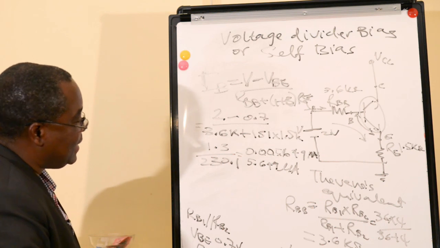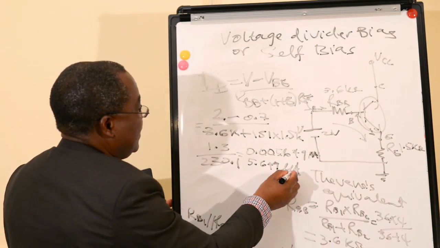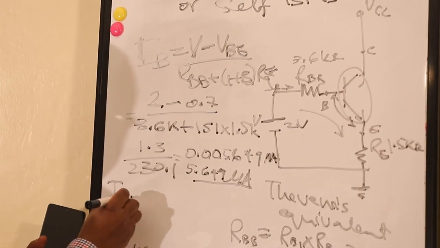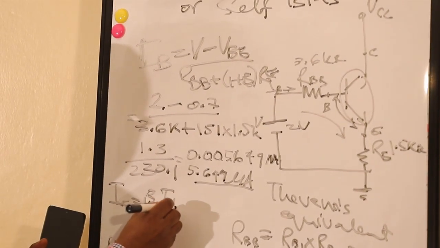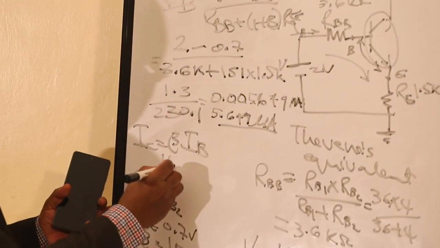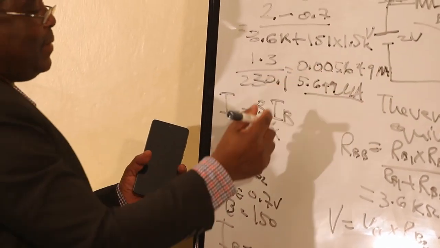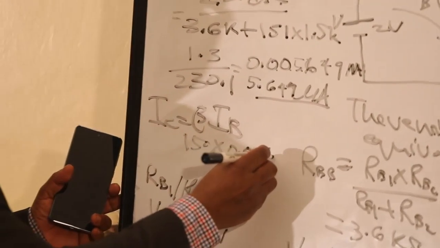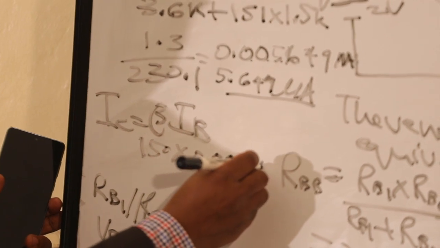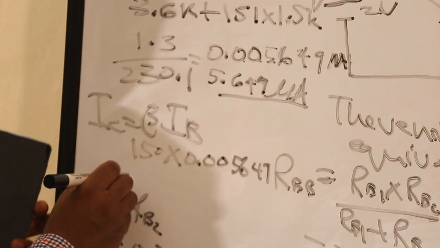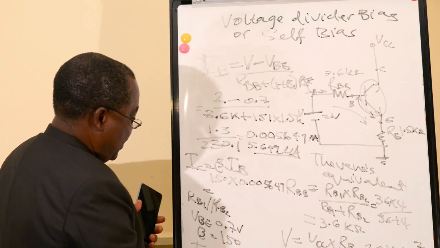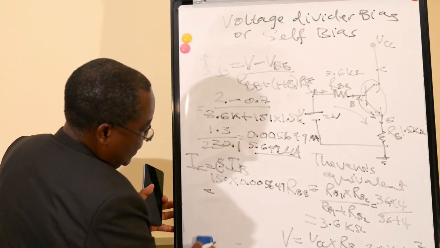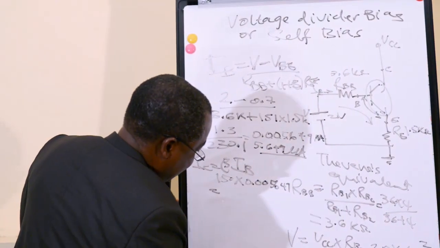Then we have to find our IC. Our IC is equal to beta IB. Beta is 150 times our IB, 0.005649. Then we'll have our IC here in milliampere. I will remove this so our calculation can be visible.